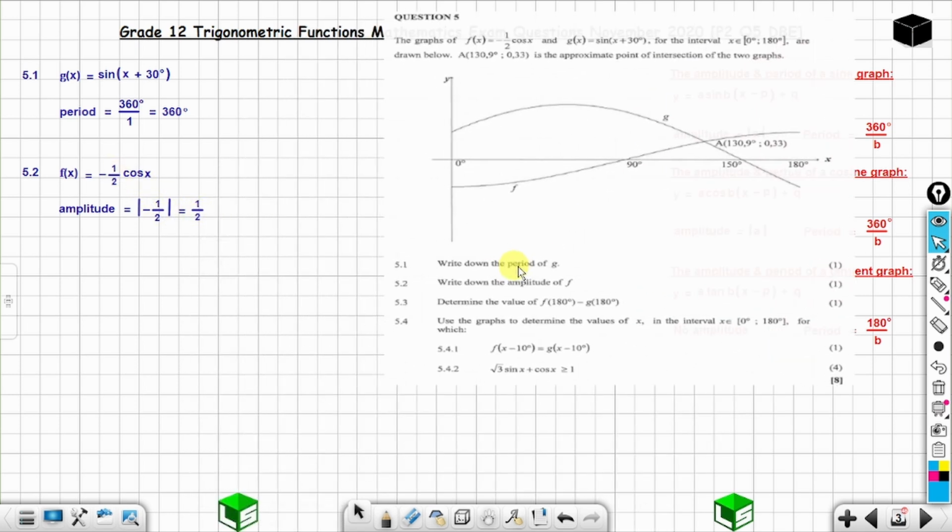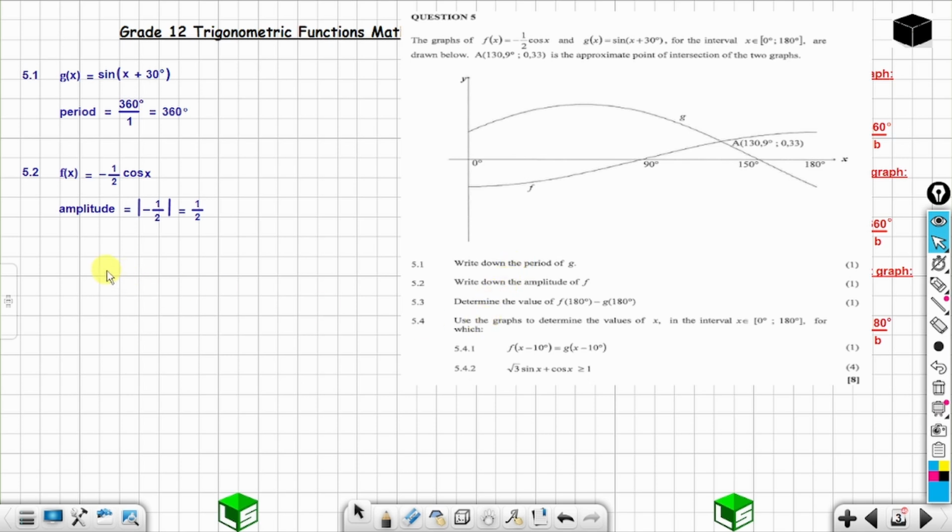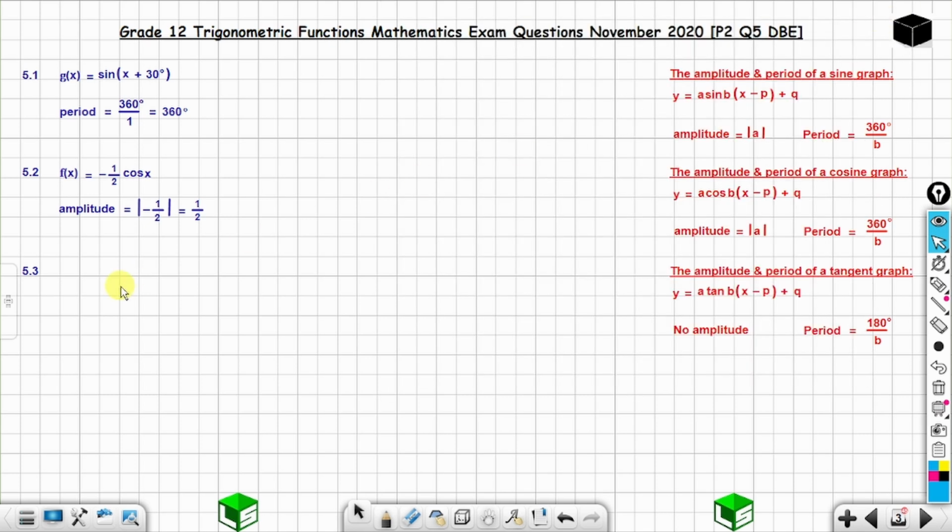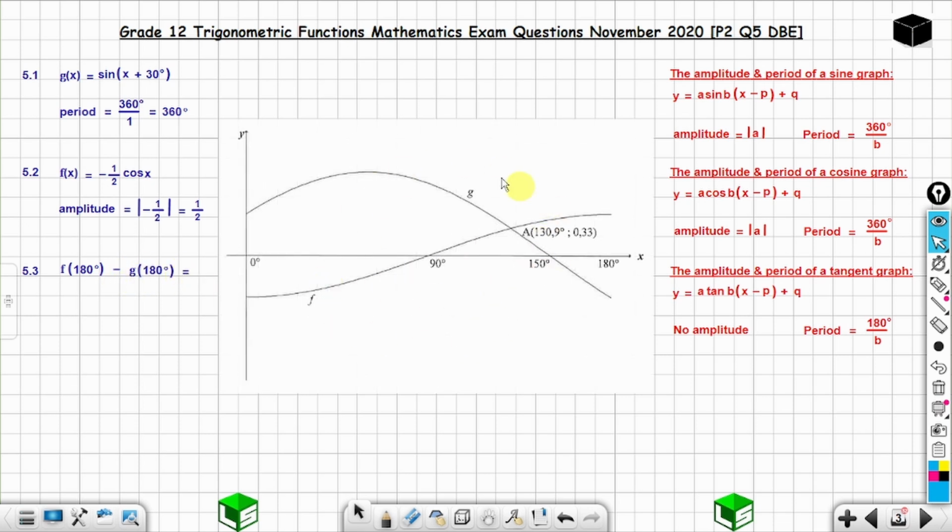Now 5.3: determine the value of f of 180 minus g of 180, 1 mark. You are given the graph of f and the graph of g.